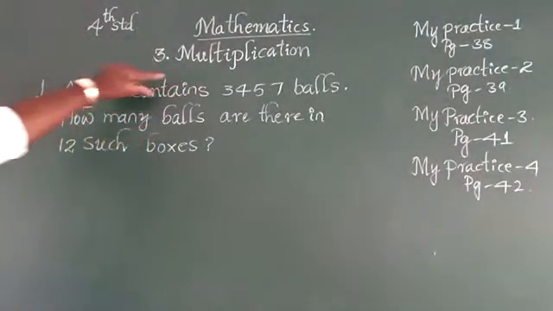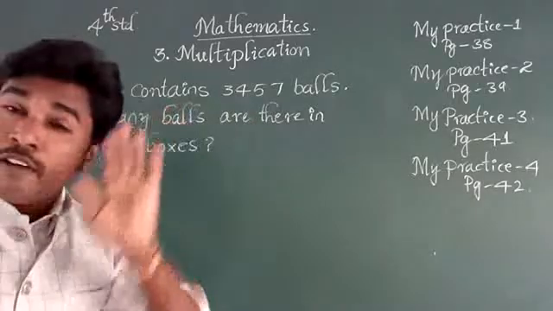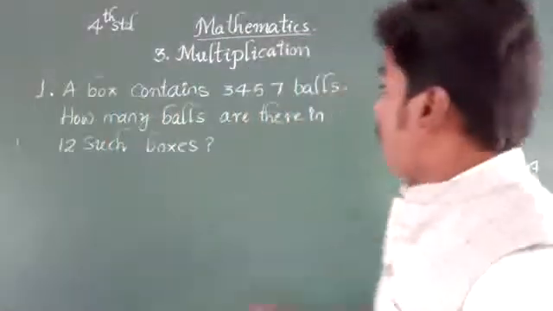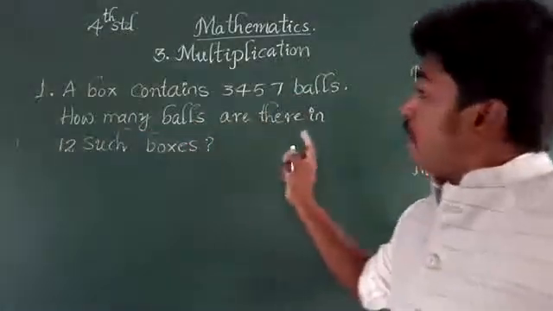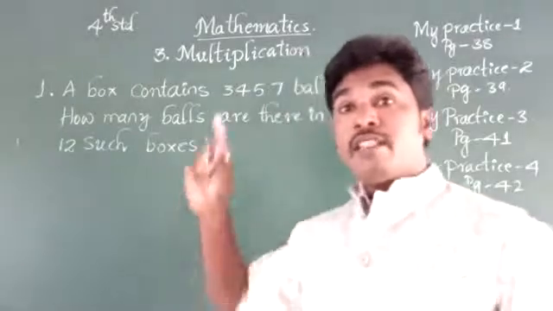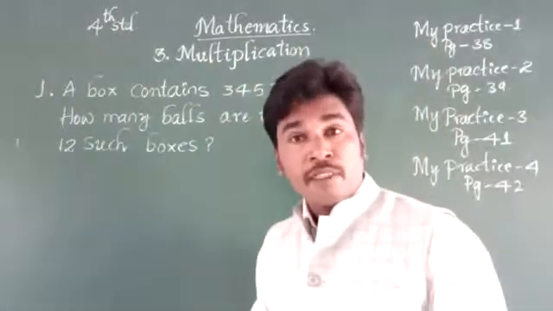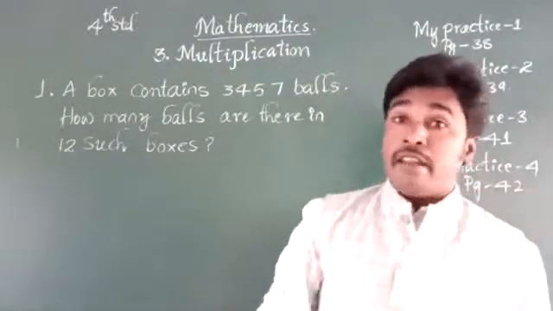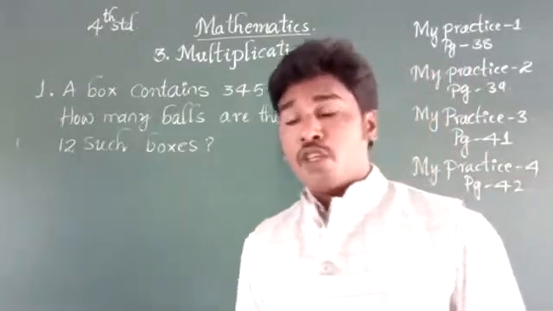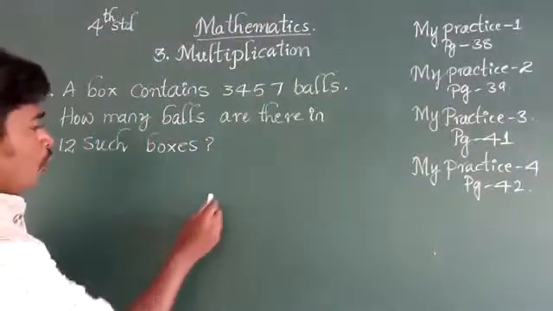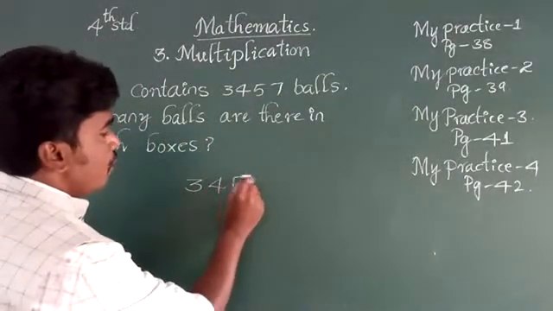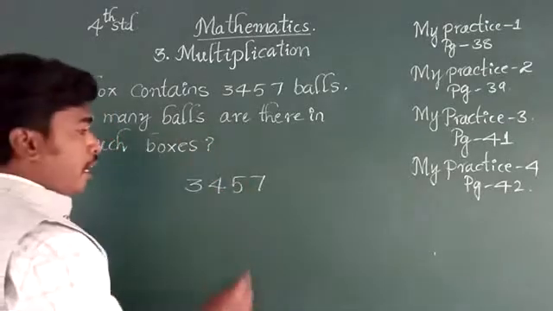Okay. A box contains 3457 balls. You may consider tennis balls. And how many balls are there in such 12 boxes? One box contains 3457. Okay, it's just multiplication. So you can do it. 3457 balls are there in one box.